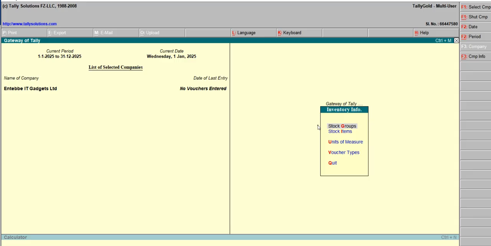So in this tutorial, we have seen how to successfully complete the critical steps for setting up your inventory structure in Tally. Setting up your inventory structure will help you to track your business goods.